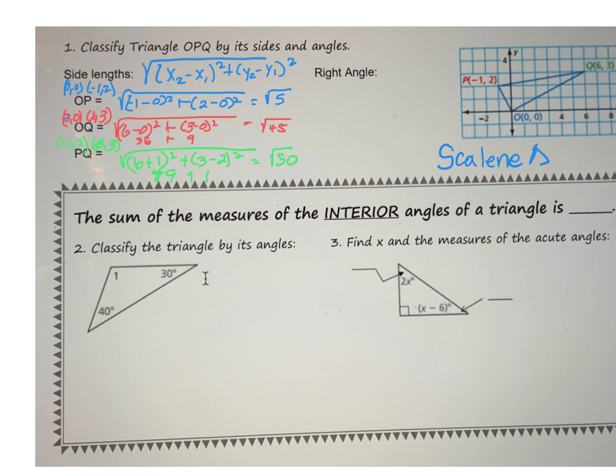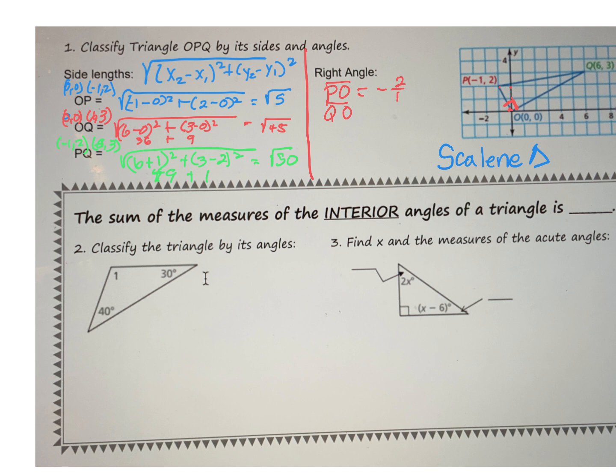Okay, now we have to establish if it's a right triangle or not. So right here, remember if it's a right angle, where do you think the right angle is going to be? Oh, at O. So we need to find the slope for each one. So we need to find the slope from P to O, and we need to find the slope from Q to O. So our slope from O to P is up 2, left 1, so it's a negative 2 over 1.